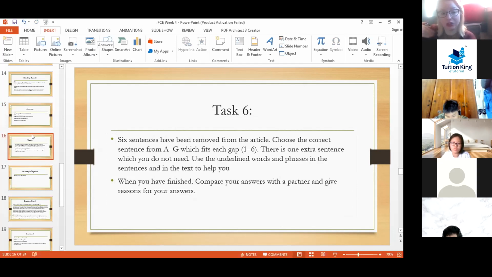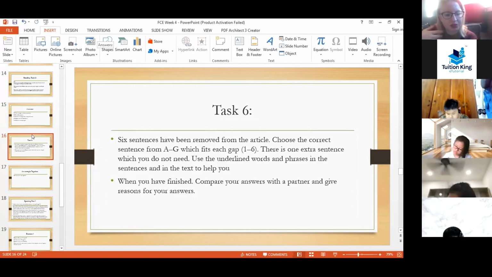So the exercise we just did, where you identified the main idea, that's not an example of a task you would have in the exam. The purpose of that was to help train you and to give you a good strategy for what to do in the exam.